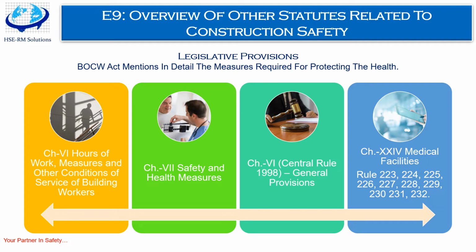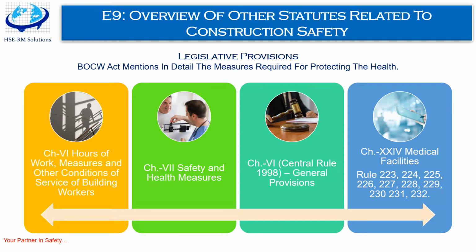After that is chapter 7, on safety and health measures. In this, section 40 is the power of the appropriate government to make rules for the safety and health of building workers, and section 41 states the framing of model rules for safety measures. You can refer to this. Then chapter 6 of the Central Rules 1998, the general provisions.